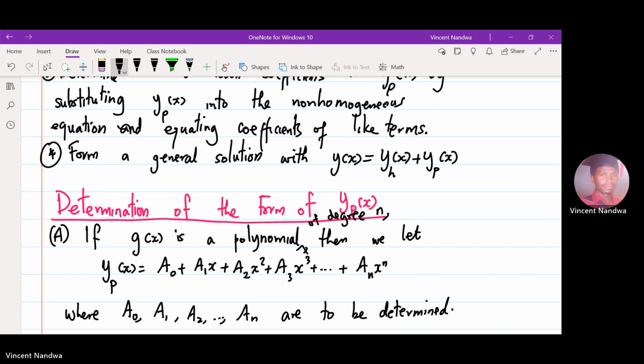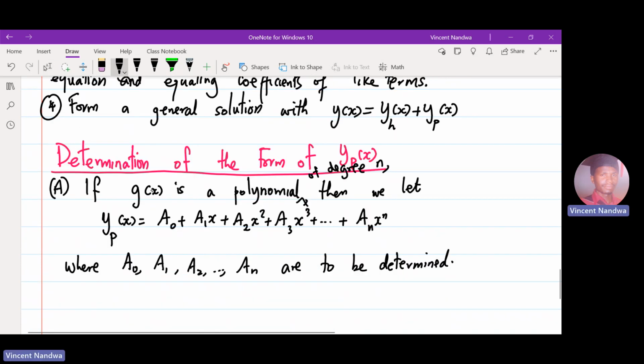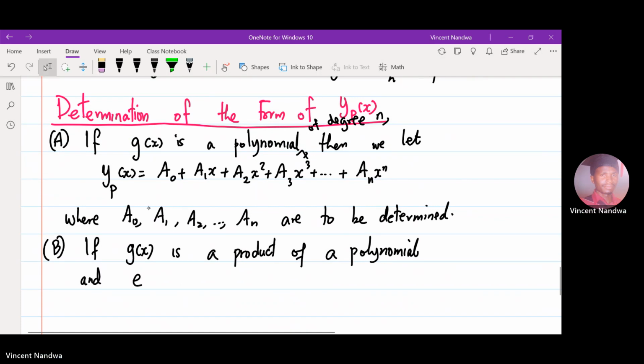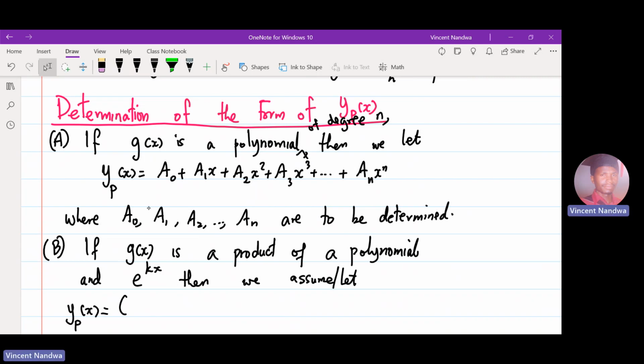Then case 2, assuming that g of x is a product of a polynomial and exponential, then we let yp be of the form a naught plus a1x plus a2x squared all the way plus an x power n.